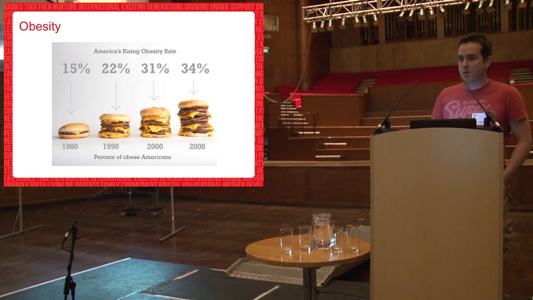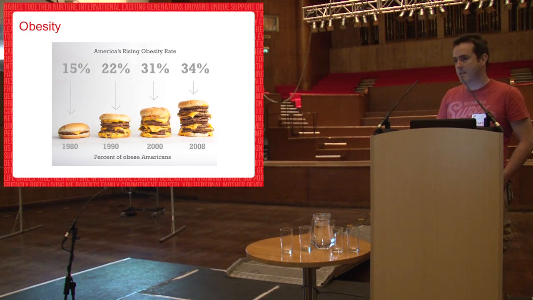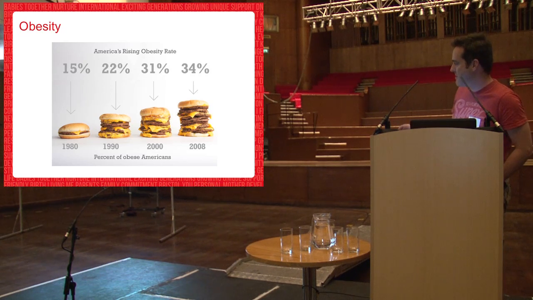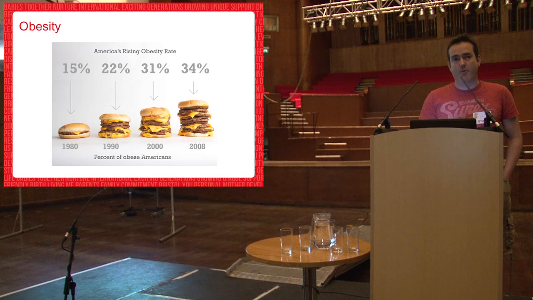If we look across the Western world, we see something very striking, and that's that the rates of obesity are increasing dramatically. Back in 1980, about 15% of adult Americans were obese, deliberately picking on America here, to nowadays, it's more like a third of American adults.